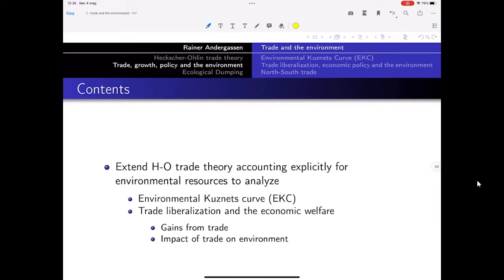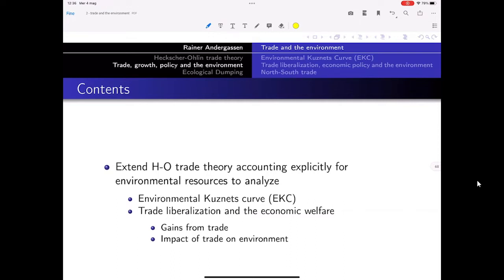I'm going to talk now about trade and the environment. In particular, the main focus will be how trade affects welfare on the one side, which we are going to see from a theoretical point of view. Then, from an empirical point of view, I'm going to discuss several papers on how environmental policy affects trade flows.